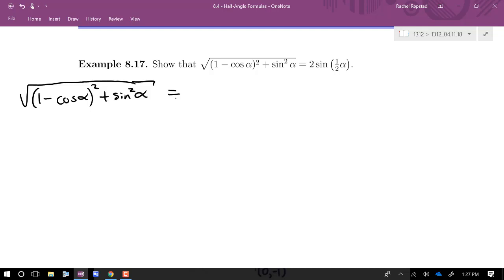Without the 1 minus cosine. Yeah, I think there's not much more we could do other than that. Algebraically, that's the low-hanging fruit, at least.